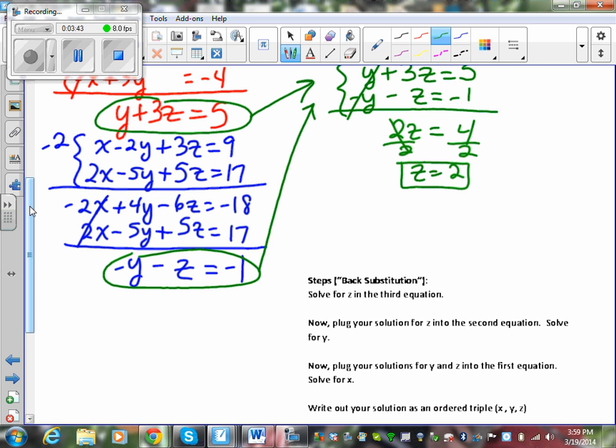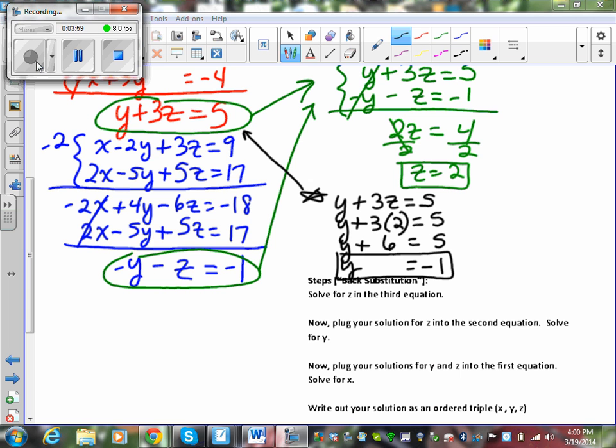You want to look at those 2 equations that are circled in green, because those are down to just having 2 variables in them, one of which is z. So you just want to pick one of those equations and substitute our solution z equals 2 into that equation so that you can solve for y. I just happened to choose that top equation that was circled in green, y plus 3z equals 5. I substituted z equals 2 in for z, and now I end up with y equals negative 1.